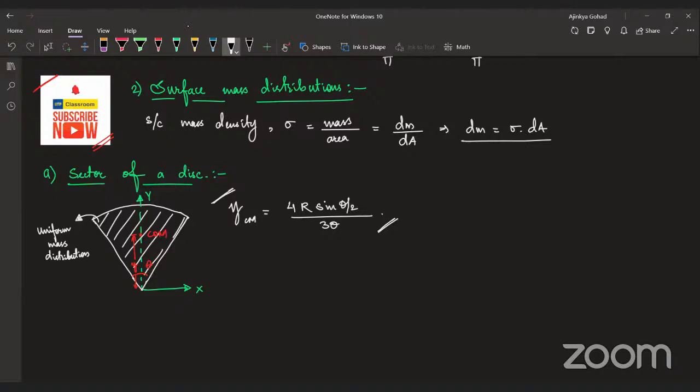So this implies that for a semicircular disk, this is going to be a semicircular disk.